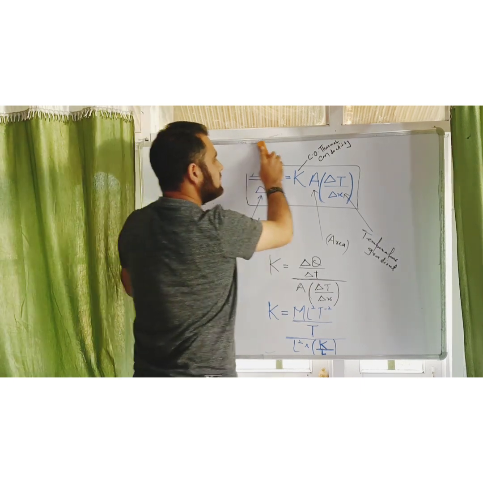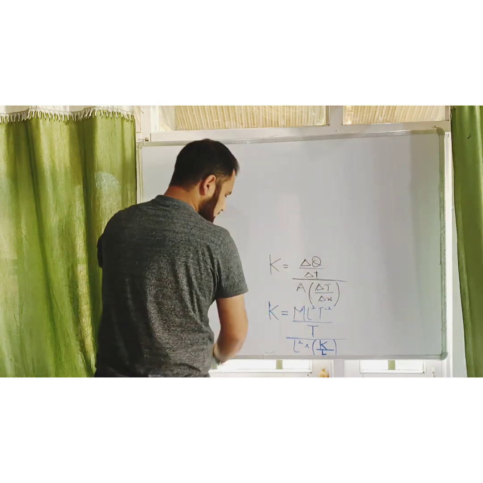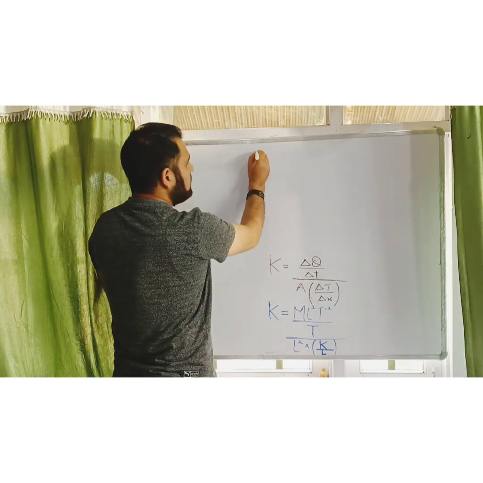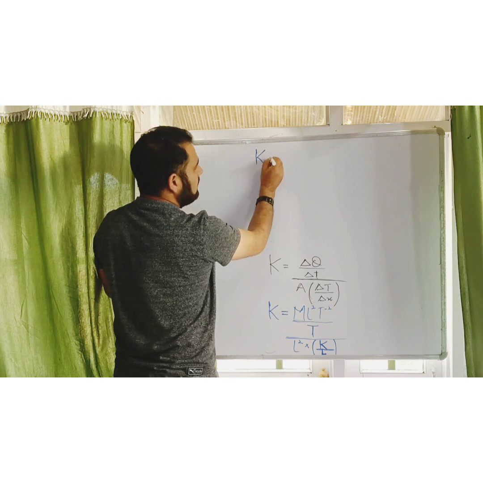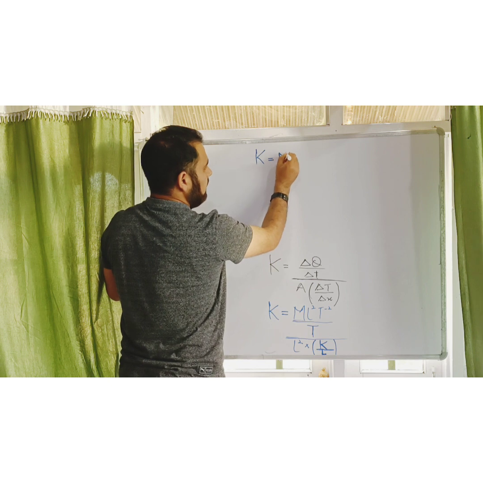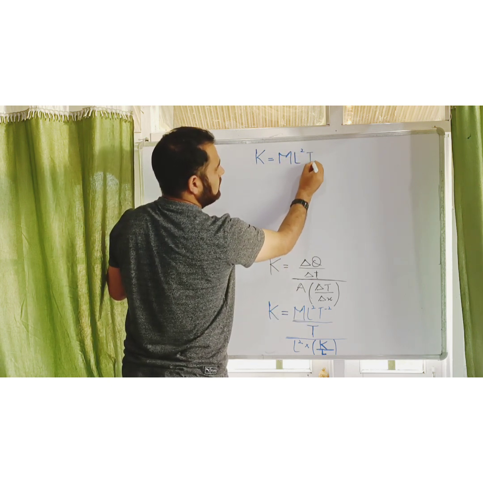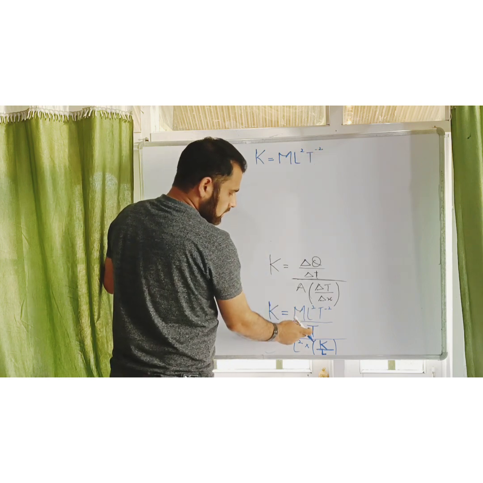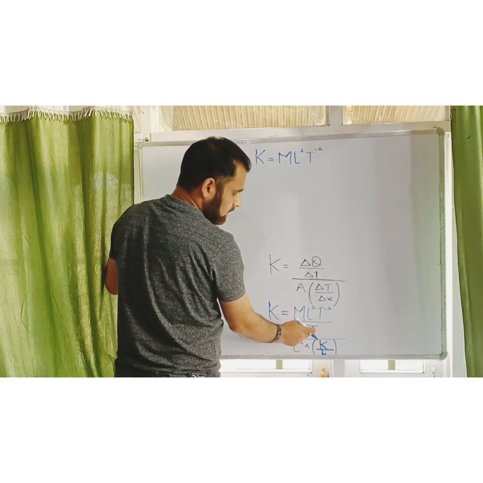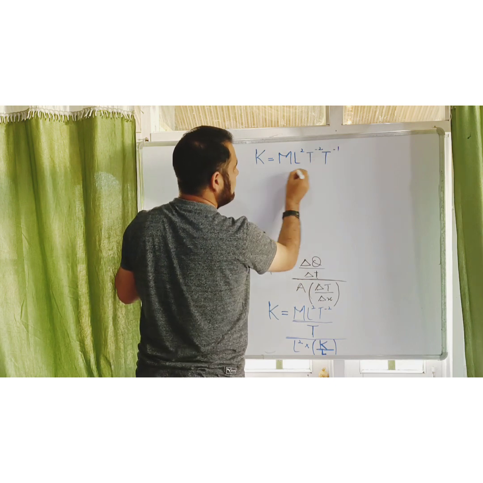Now continuing, the dimensional formula for the coefficient of thermal conductivity K is equal to M L squared T minus 2. Here we have a T in the denominator, let us take it into the numerator, it is T minus 1.